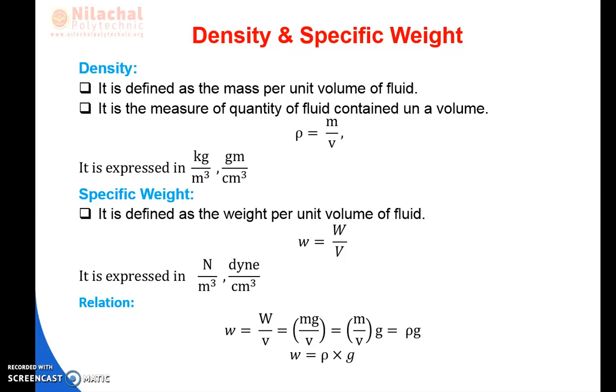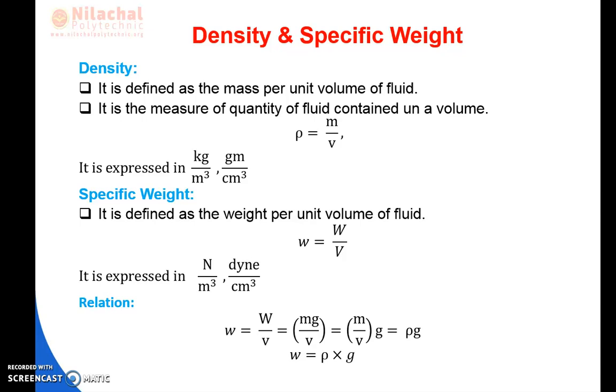For the mathematical expression, density is defined as mass per unit volume of the fluid. Also we can take it as the measure of the quantity of fluid contained in the volume of a container.